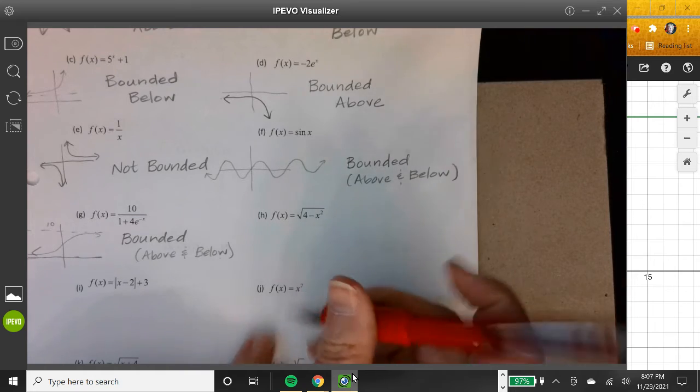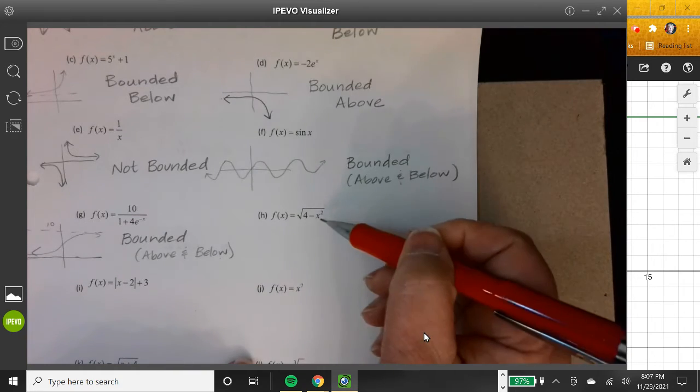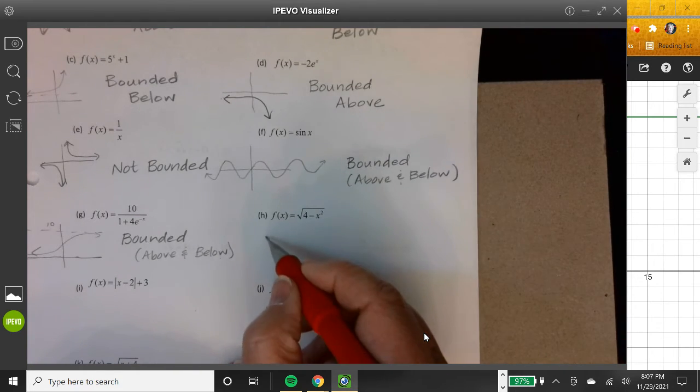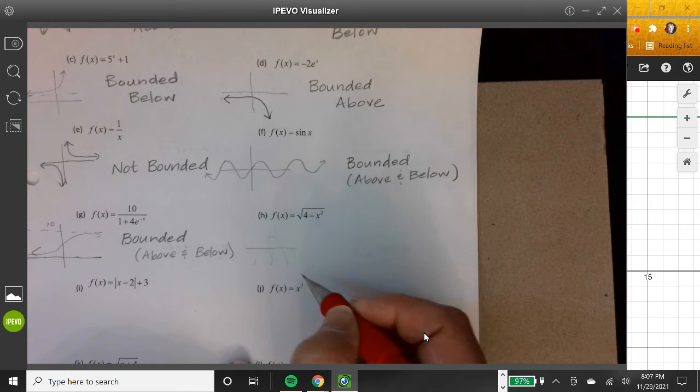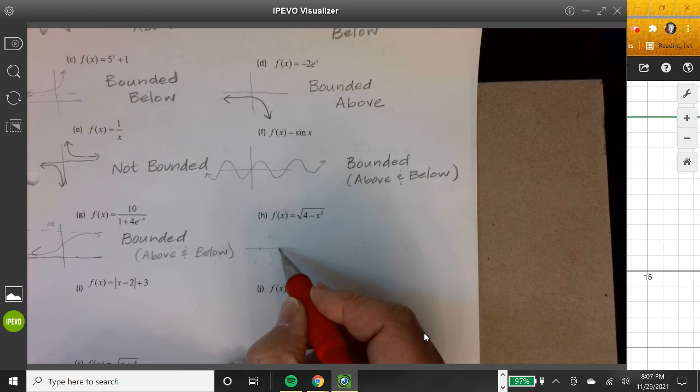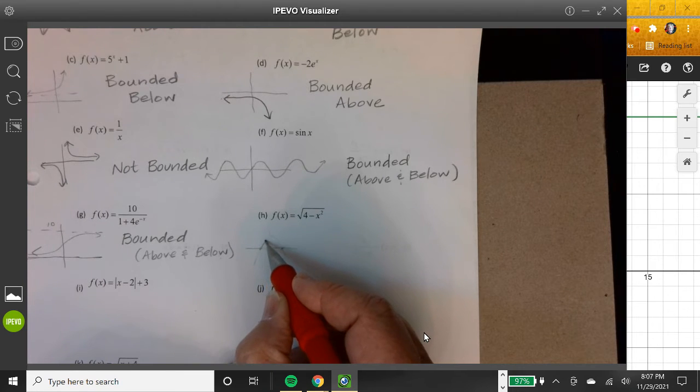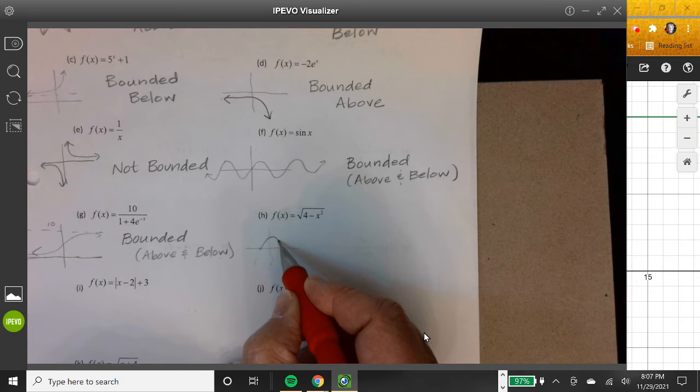All right, this one is the square root of 4 minus x squared. Now, I wouldn't expect that you know what that looks like, but we're taking the square root of a parabola. It opens down, right? Now, what numbers can you take the square root of? This one, and you can take the square root of these. So I think it's going to look something like that, and I'll graph it for you in a minute. But that one is bounded below.